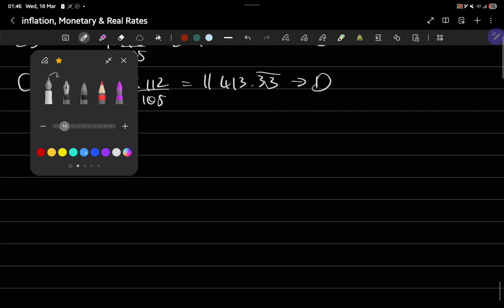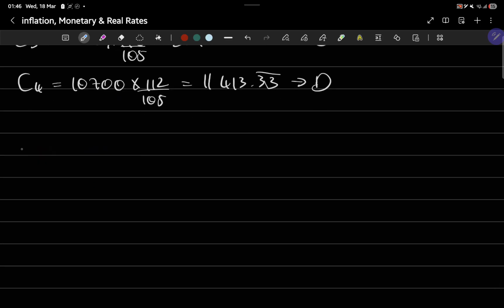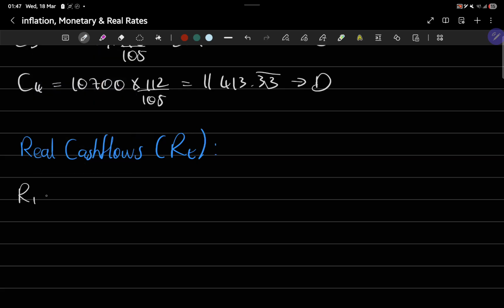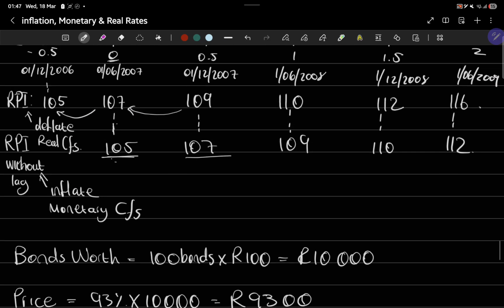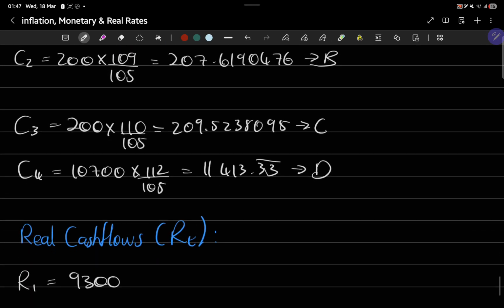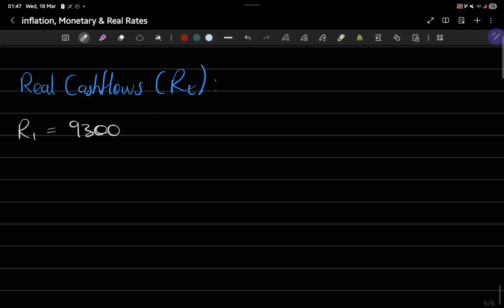And the next step, of course, because we want the real rate, is to first get the real cash flows, which I'll call RT. The first real cash flow is trivially 9,300, because to deflate it back, you'll say 9,300 times 107 over 107, which is just 9,300.